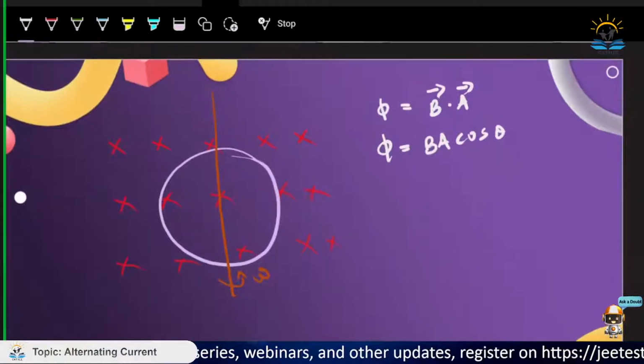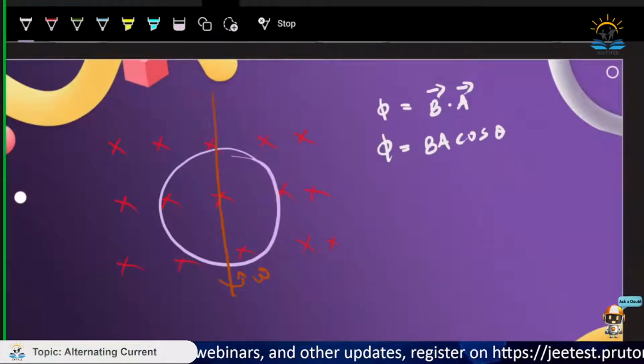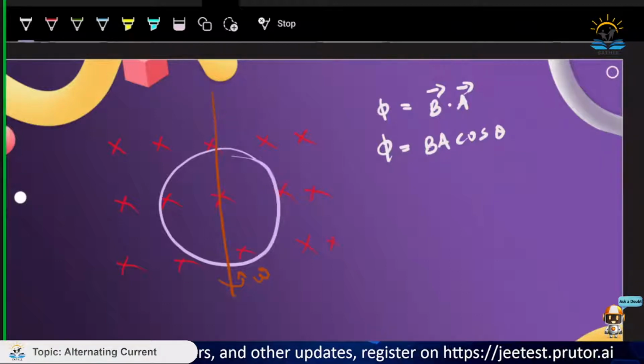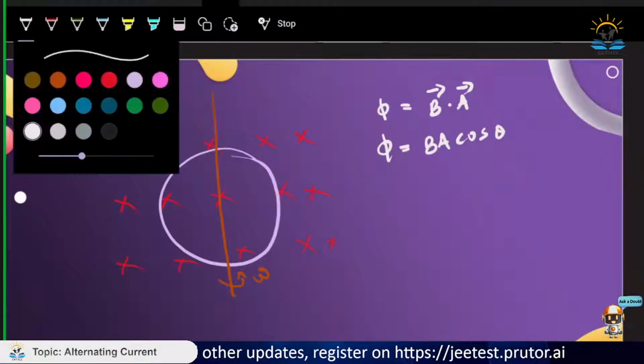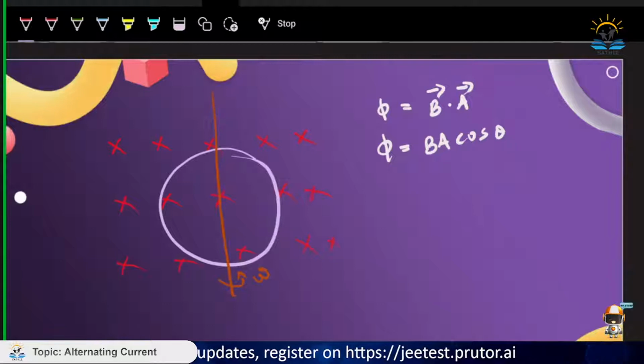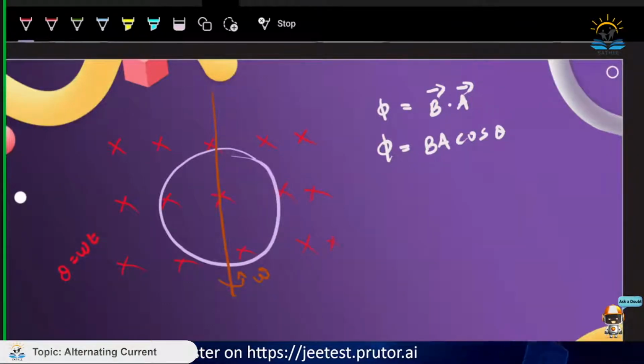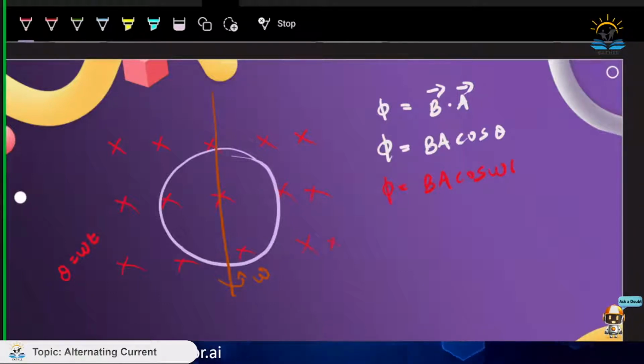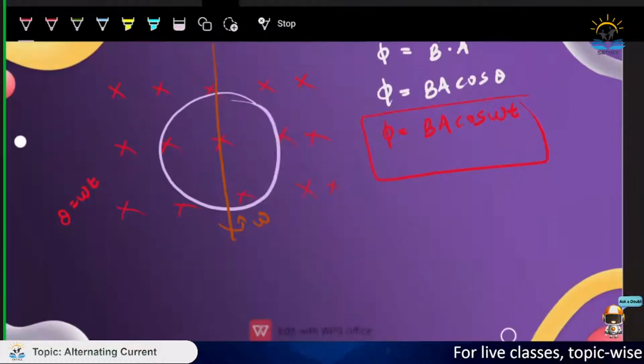This coil is rotating with the velocity omega, so theta will be omega into t, because the changing angle will be omega into t. So flux phi equals B A cos omega t.